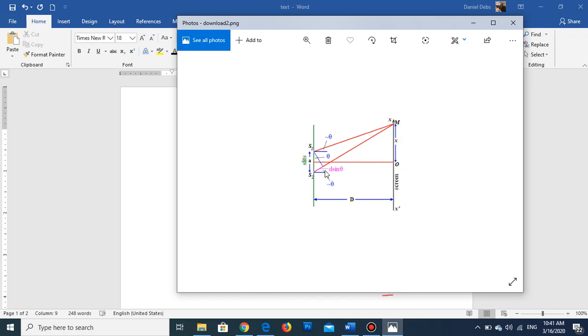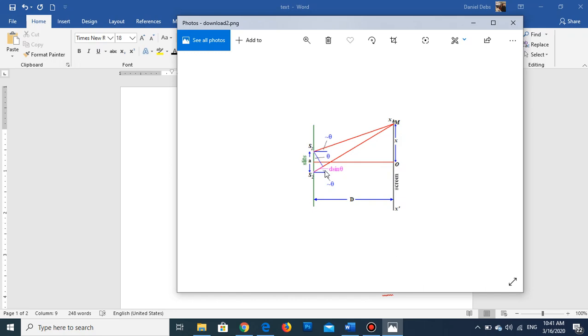If delta M, which is equal to AXM over D, is equal to k lambda plus half lambda, which means that the difference between the two rays is half lambda, which is half an oscillation, then we obtain a destructive interference, or maximum with minimum, which gives zero intensity, and the point will be the center of a dark fringe of order k also.